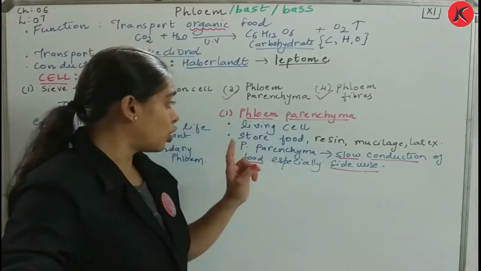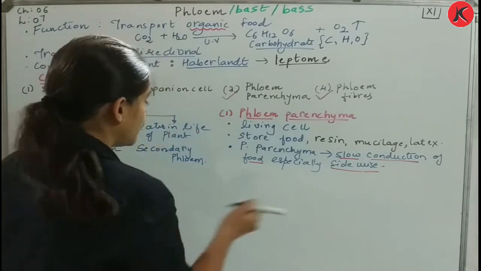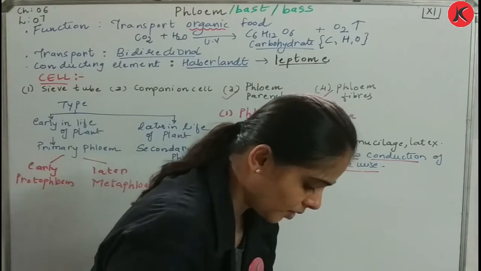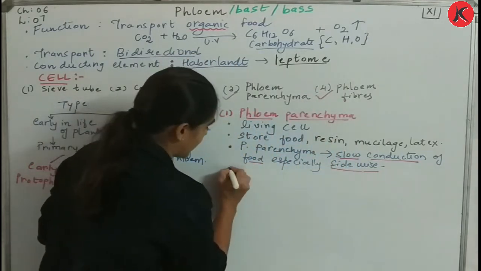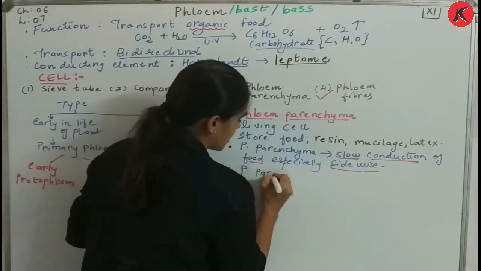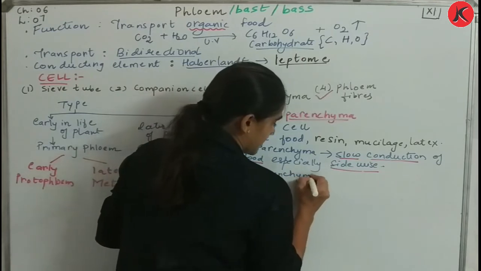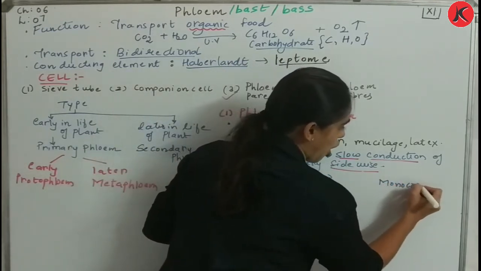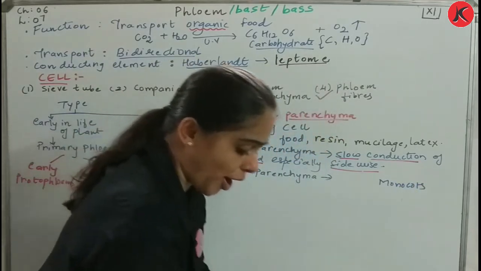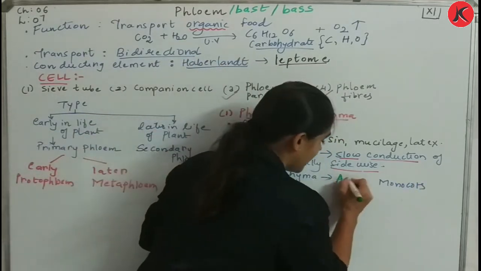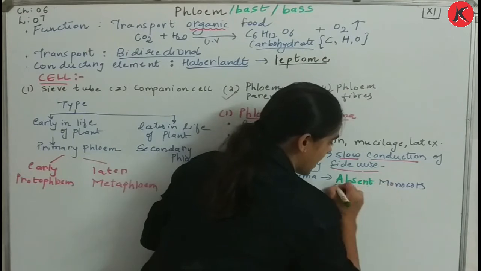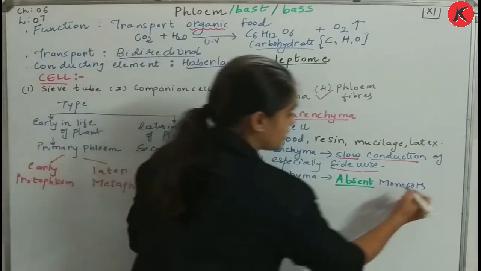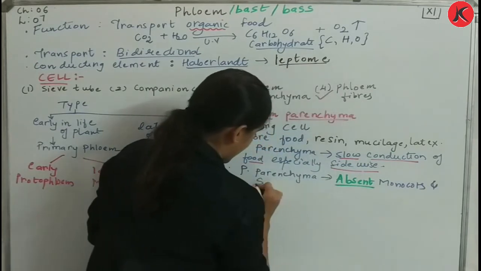And one more important point, ये जो phloem parenchyma है, this phloem parenchyma is absent in monocots. Most important point, मैंने क्या लिखा यहाँ पे? It is absent in monocots and some herbaceous dicots.